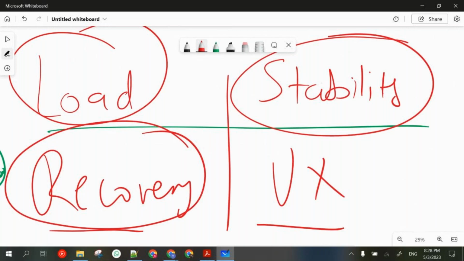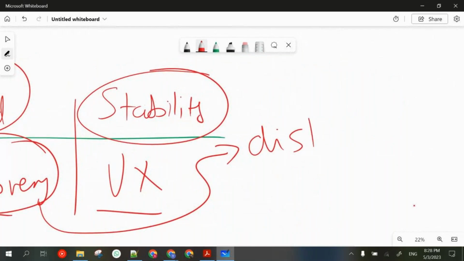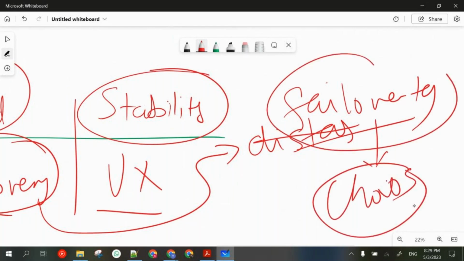Now, are you able to correlate this recovery word with other testing, like disaster recovery or failover testing? Is failover testing and chaos the same? What do you think? I think failure testing is part of chaos, right?